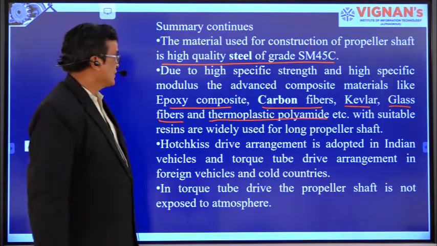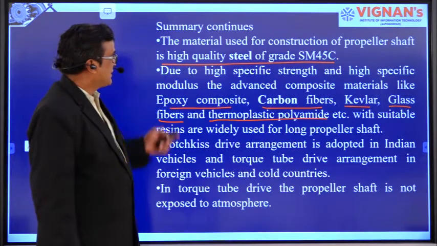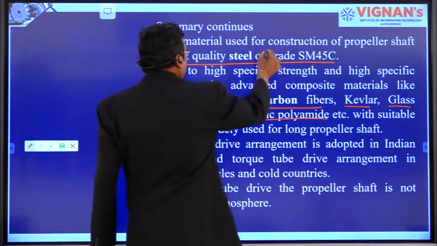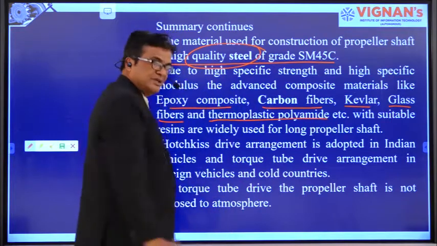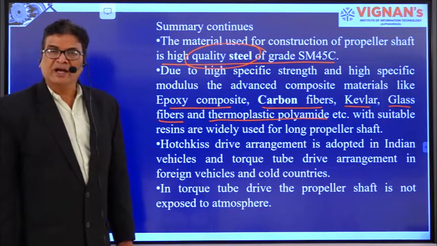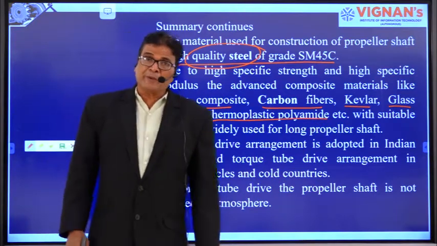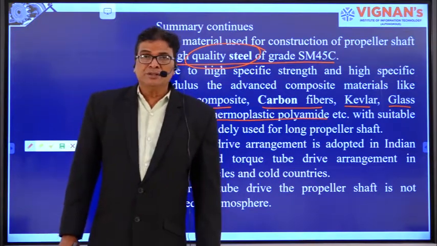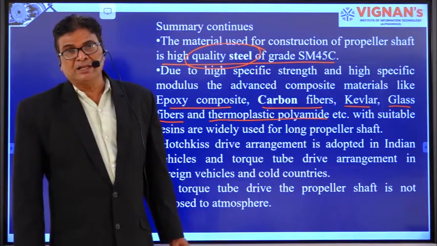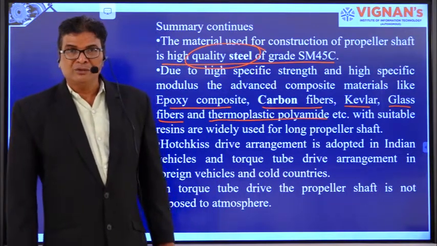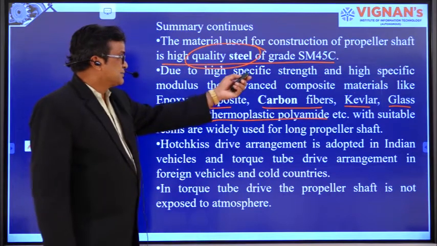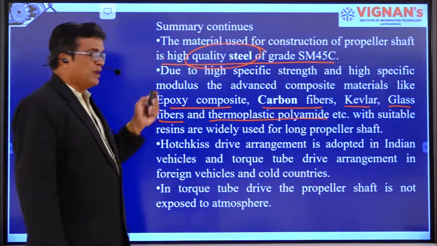Why? Initially, the propeller shafts are made of high quality steel. But as I told you, the propeller shaft used in the automobile should have high specific strength and high modulus.